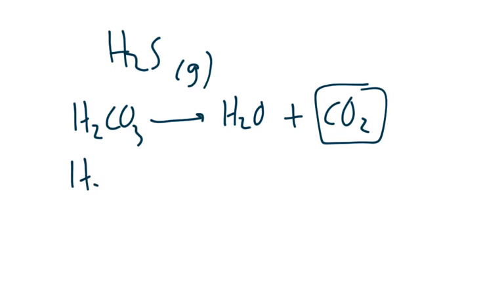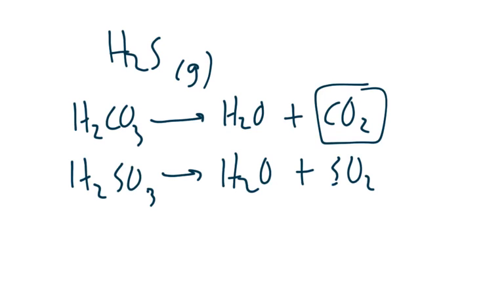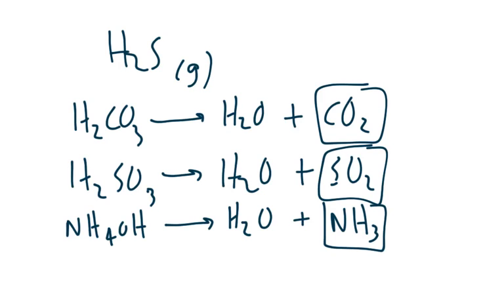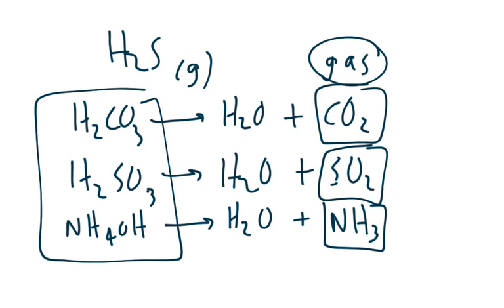And then you have hydrogen sulfite. Same thing. It's unstable. It's going to split apart. This time you're making sulfur dioxide gas. And then we just saw ammonium hydroxide. Same thing. Water is always the common product when it splits, but this one forms ammonia gas. And these gases were made as a result of these intermediates breaking apart.